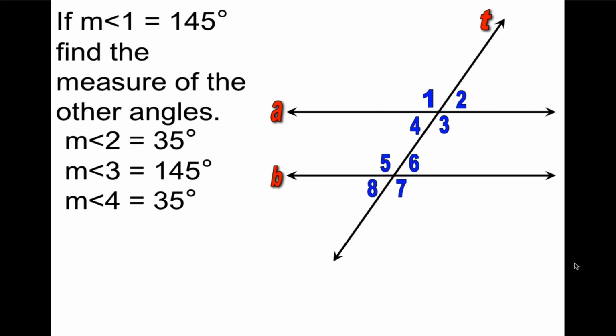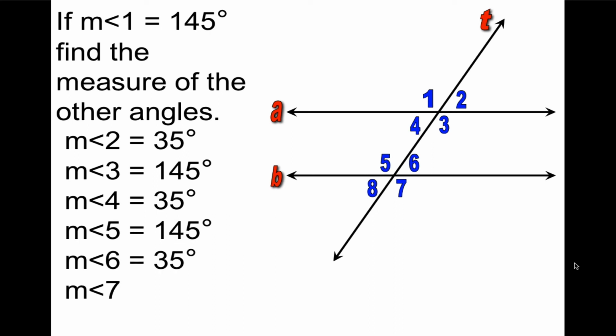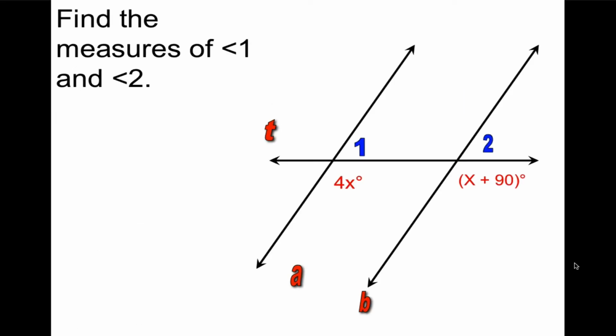And then 5, 6, 7, and 8 all correspond to one of the first 4. So 5 corresponds to 1, 6 corresponds to 2, 7 corresponds to 3, and 8 corresponds to 4. And we get that there's really just 2 different measures that make up all 8 of the angles. 35 degrees for the acute angles and 145 for the obtuse angles.